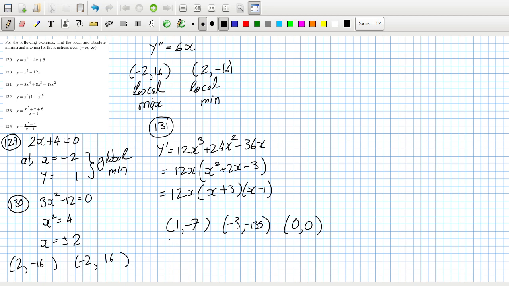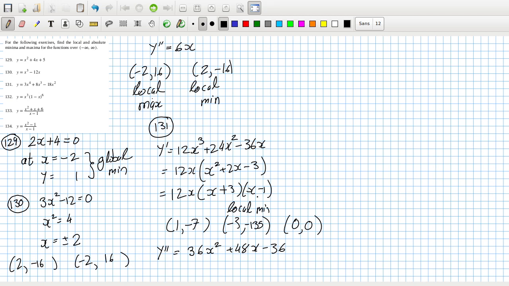Okay, now if we calculate the second derivative, that would be 36x squared plus 48x minus 36. So if we put 0 in here, we don't know. Let's put minus 3 in. So that's positive, so that makes it a local min.